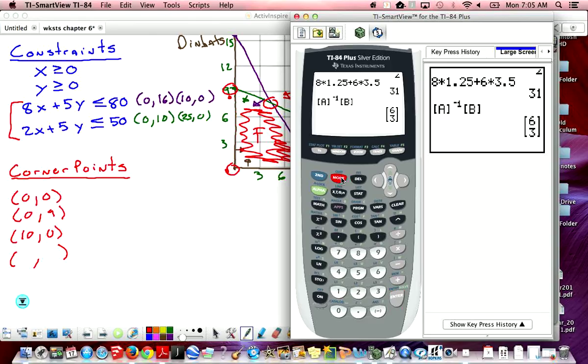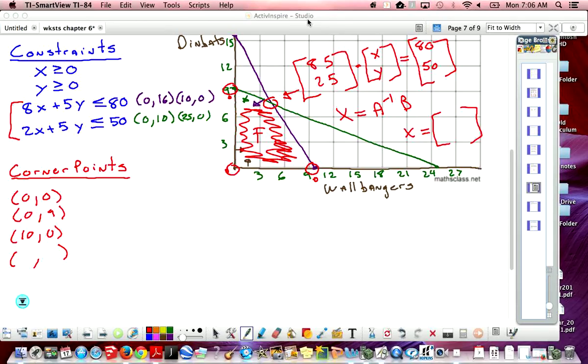Go ahead and exit. A inverse B. And we get our intersection point 5, 8. So this is intersecting at 5, 8. I'm going to look at that. If I go 5 up to about 8, that looks about right.